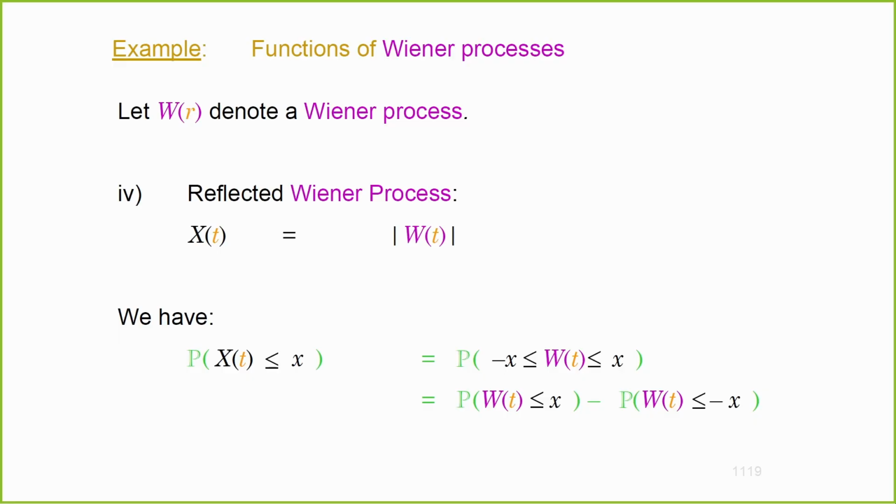Now, since the distribution of the Wiener process is a Gaussian distribution, where the density function is a symmetric function, symmetric with respect to the y-axis, I'm going to keep that expression first because that doesn't change.